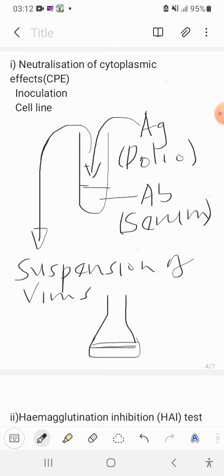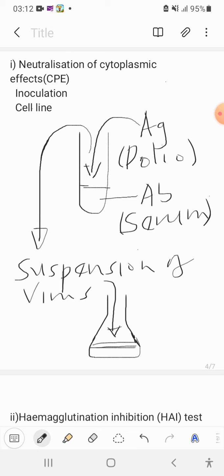So you inoculate it here in the cell line. Then after that, this thing is normally put on a microscopic stage and viewed by a microscope.